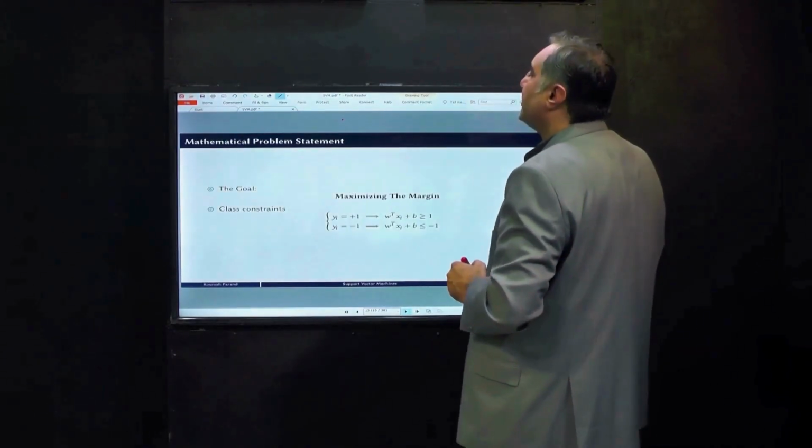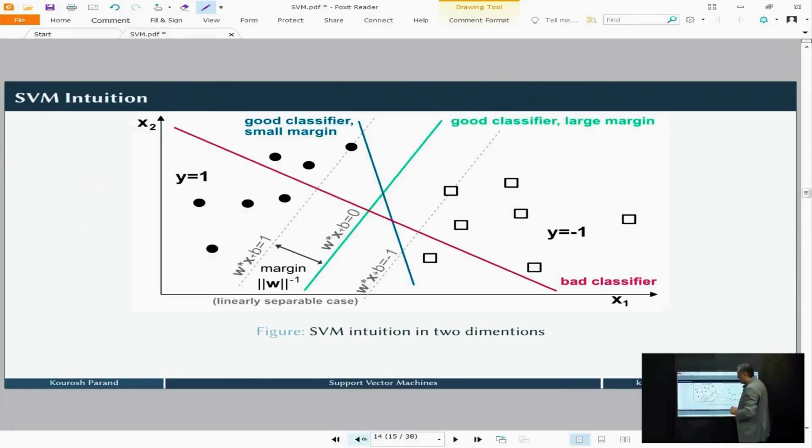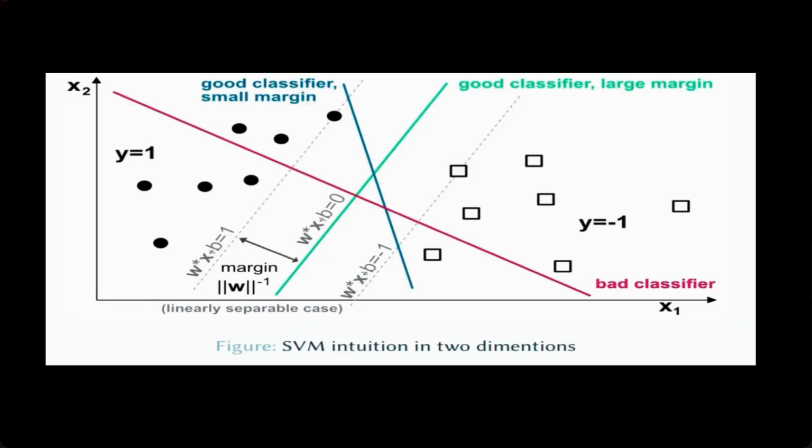Okay, what's the goal? Mr. Nazari, what is the main goal? To maximize this margin that we have, the buffer that we have. Yes. Okay, Mr. Rizai, what are our constraints? What are our limitations? The data that are above this classifier line, we give them the label 1, and those that are below the classifier line, we give them the label -1.